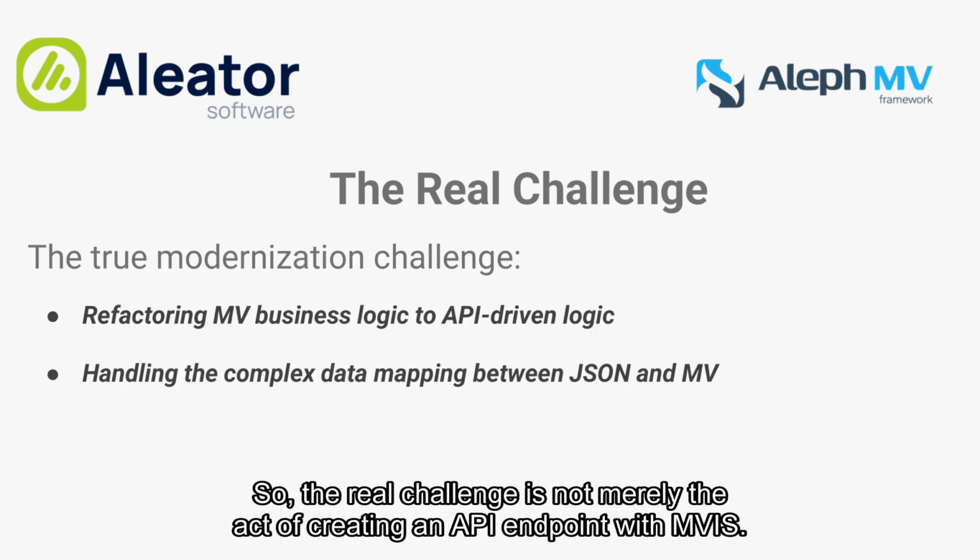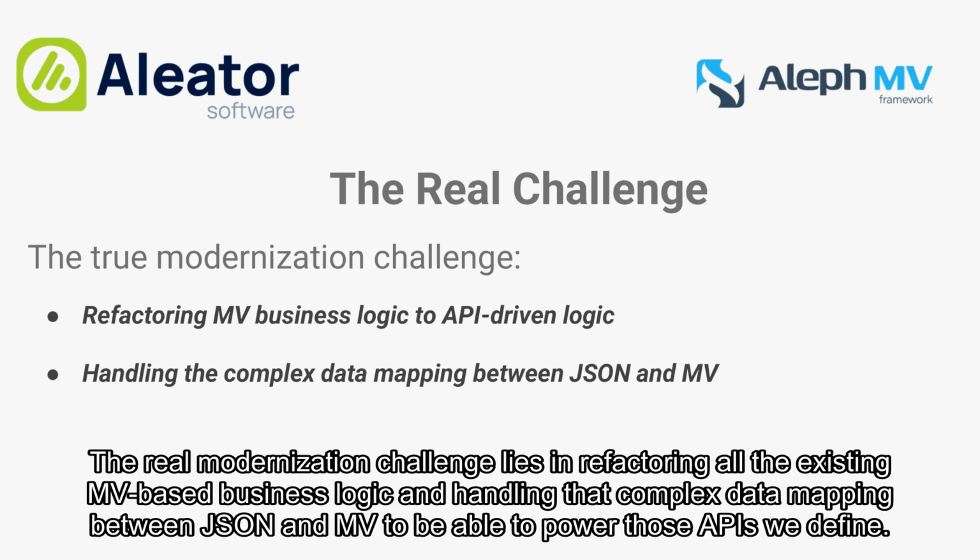So the real challenge is not merely the act of creating an API endpoint with MVIS. The real modernization challenge lies in refactoring all the existing MV-based business logic and handling that complex data mapping between JSON and MV to be able to power those APIs we define.